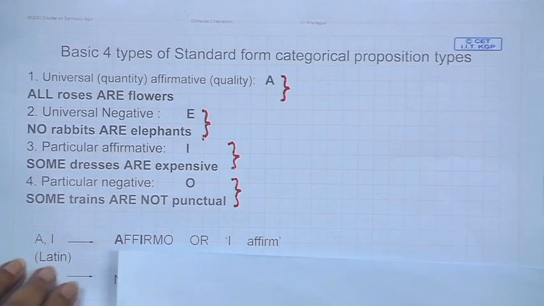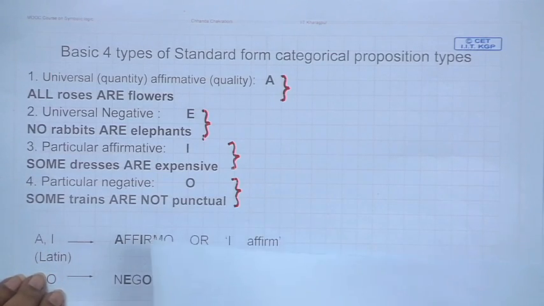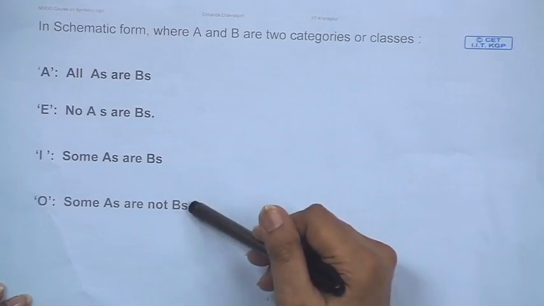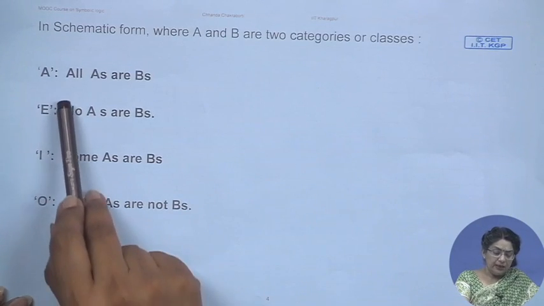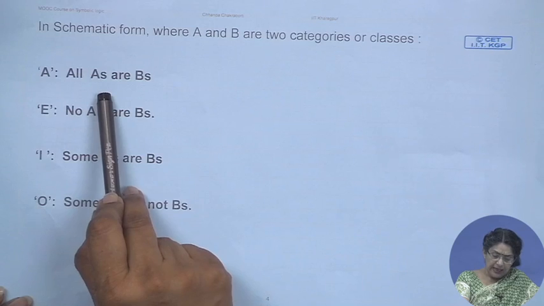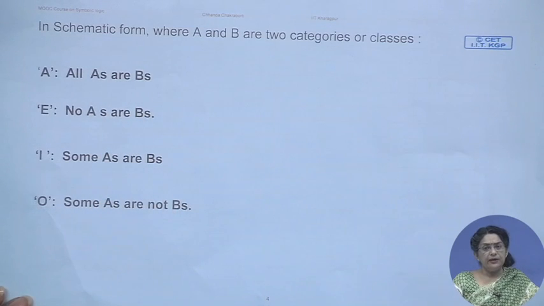So, A, E, I, O, this is where we need to get really acquainted with the 4 basic forms. Schematically presenting, they look like this. A will always be, say, all A's are B's, where A and B are 2 arbitrary classes. Okay.